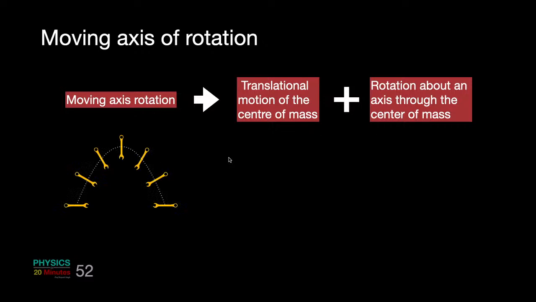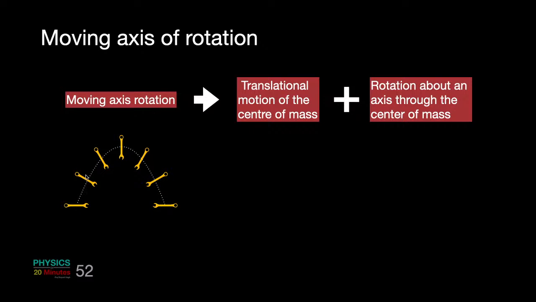So this is an example. A small wrench in my example is tossed in air. You can see that its orientation changes as it gets airborne. By the time it reaches from here to here, its orientation changes by 180 degrees.